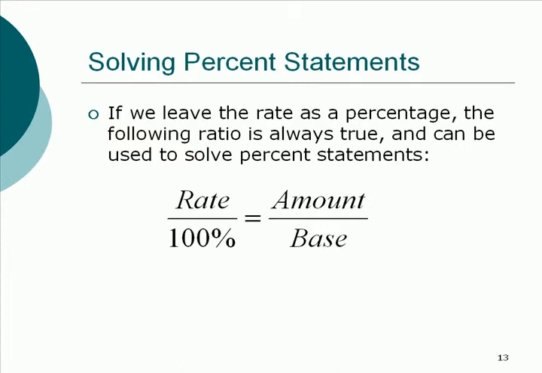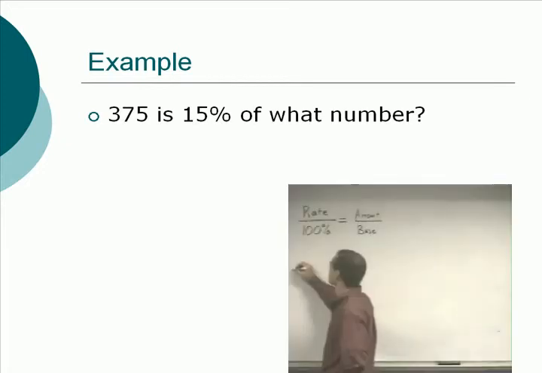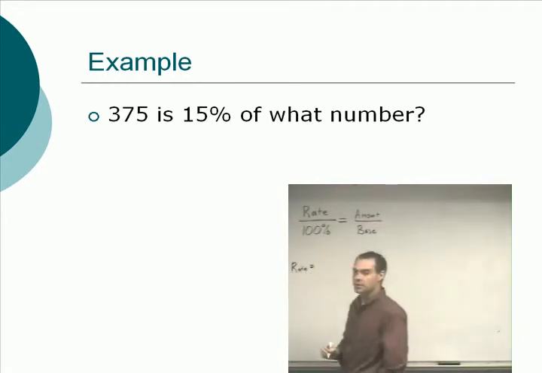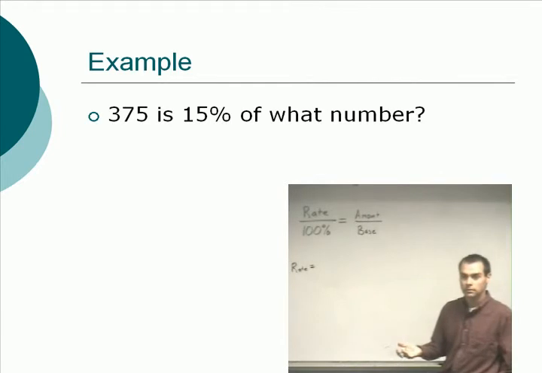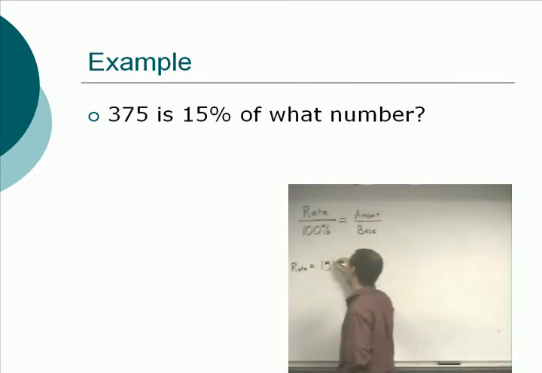Well, here's a very simple case. 375 is 15% of what number? Well, first of all, let's just identify the base, the rate, and the amount here. What's your rate in this problem? Do we know it? Sure. Your rate is 15%. That's always the easy one to spot.